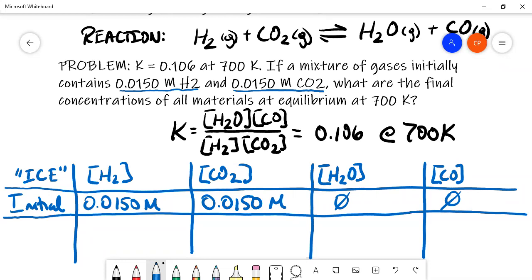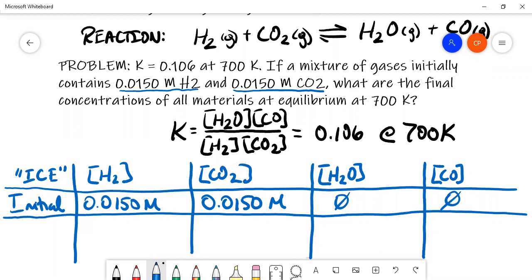Okay? Unless expressly told otherwise. If you see the setup of a problem like this, and it gives you initial values of two things and tells you nothing about everything else, take nothing at face value. Assume it's not there. Okay? That's the initial, that's the I.